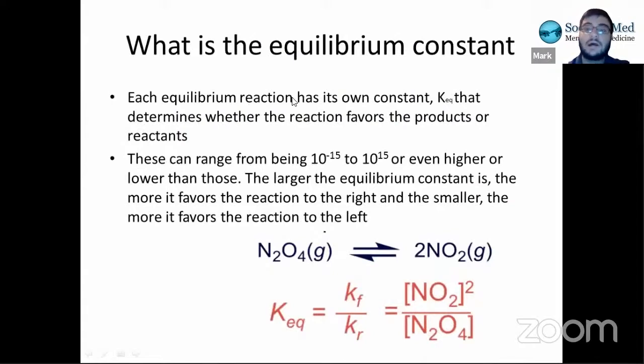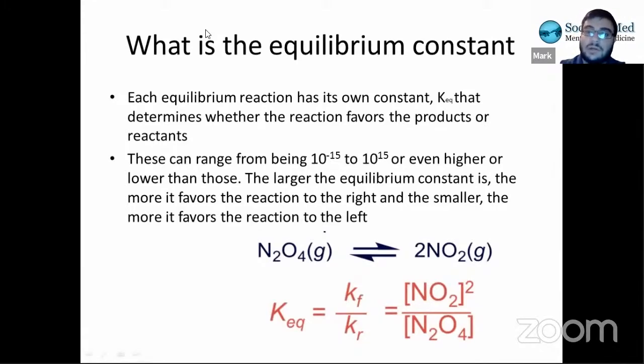And that's determined by the equilibrium constant. Equilibrium constants can range from being ridiculously small numbers like 10 to the negative 15th to ridiculously high numbers like 10 to the 15, or even higher or lower than those two. The larger the equilibrium constant is, the more it favors the reaction to the right, or the product. The smaller the equilibrium constant is, the more it favors the reaction to the left.